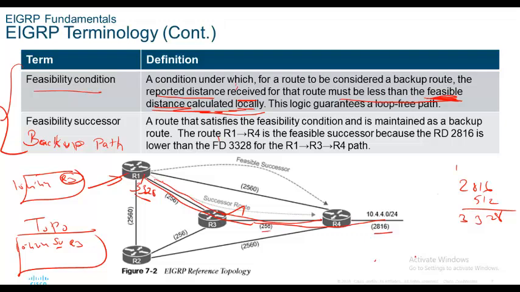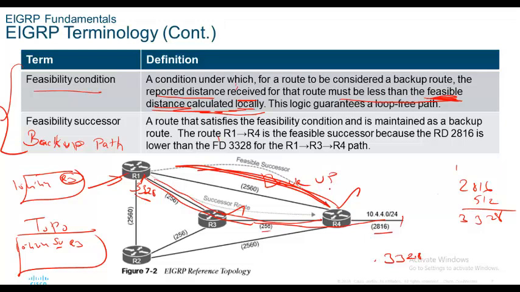Did you understand this? The argument is, will this path be a backup path or not? For that, what is it advertising? The next hop is R4 via this path.